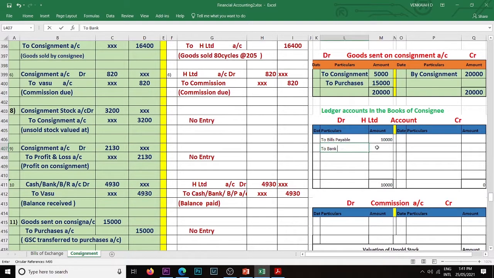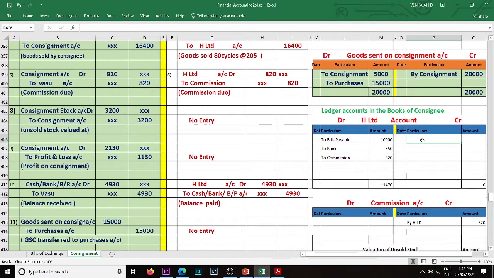Consignee expenses 650 to commission. Amount is 820. You have to post by H Limited, commission account, 820.